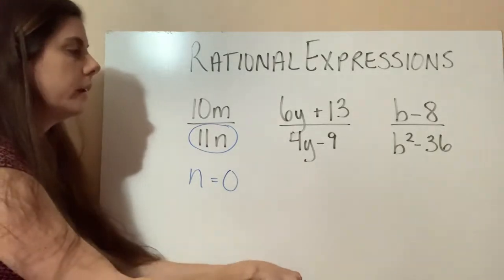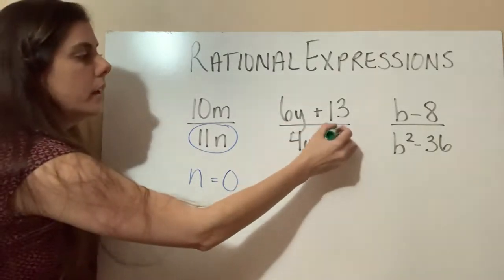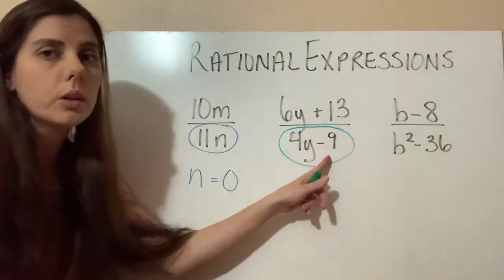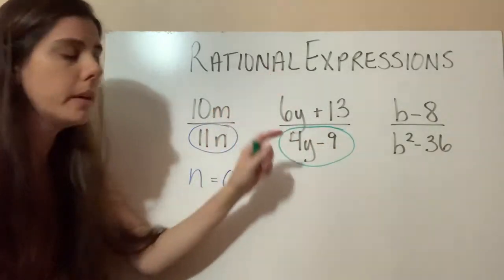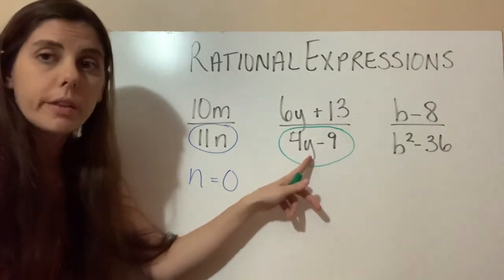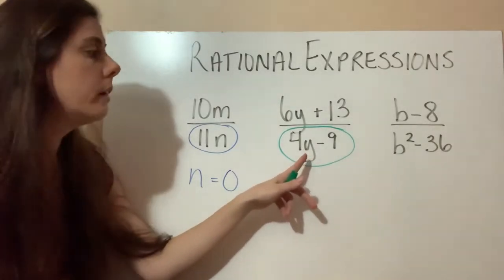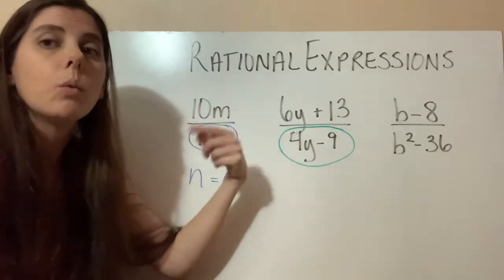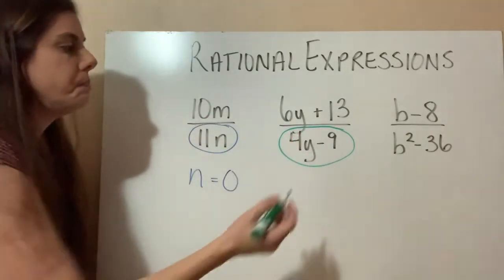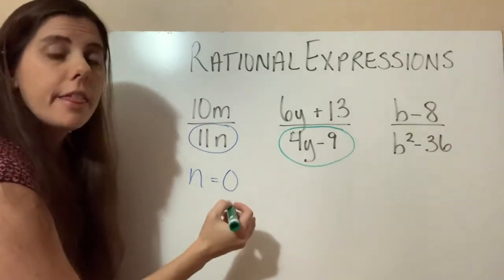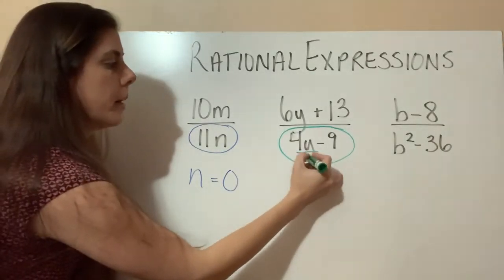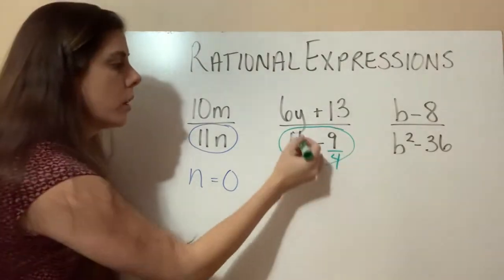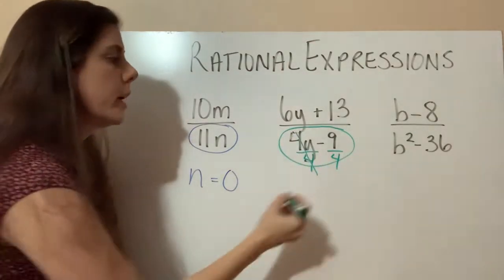Now let's look at our second one. Again, to make a rational expression undefined, we're only looking at the bottom. It doesn't matter what the top is. For this one, we want to get the variable by itself, and then determine what it's going to equal. To get the variable by itself, I'm going to divide both sides by 4 so that the 4's on the left will cancel out.